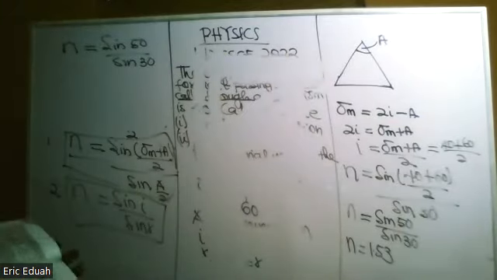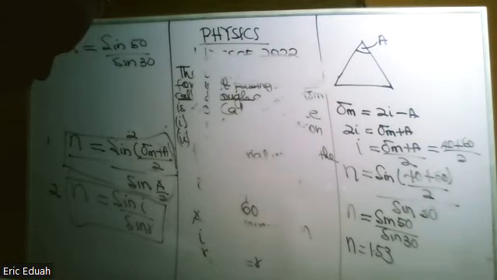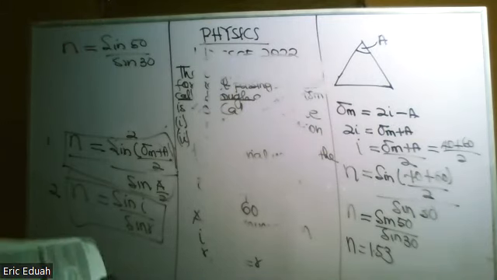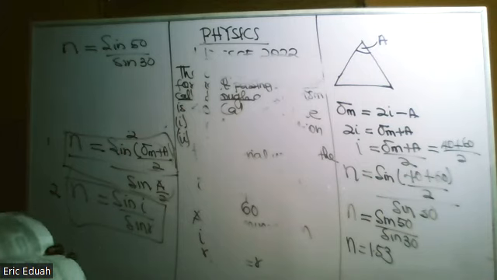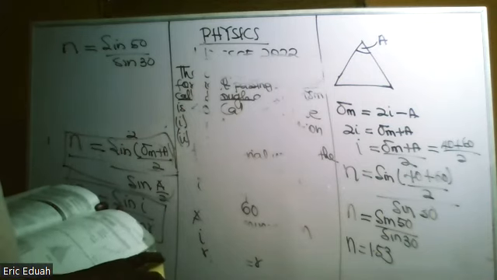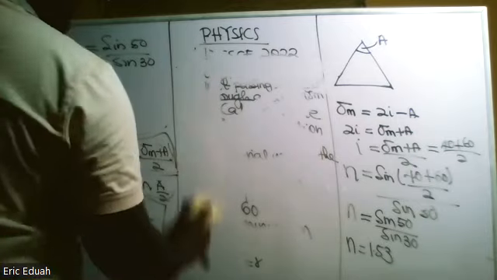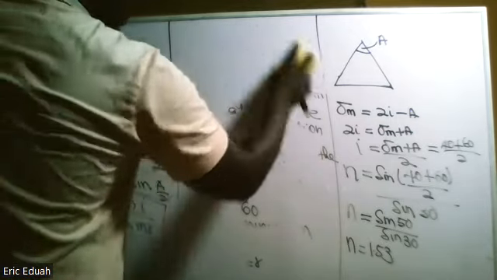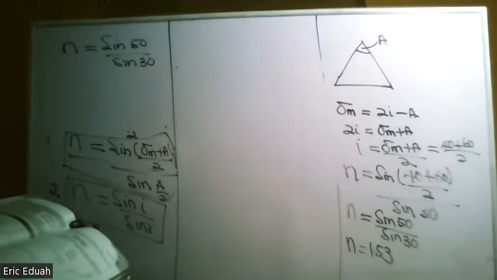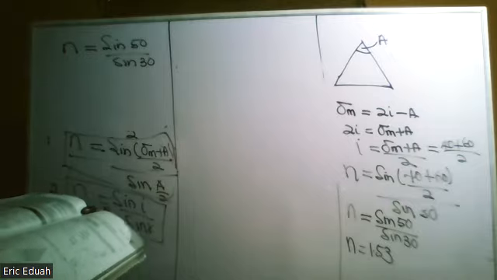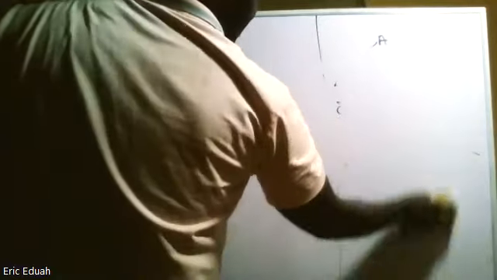I'm going over the question. A ray of light passing through a prism having refractive index root of 2, surface minimum deviation, meaning that we are at a condition of minimum deviation.